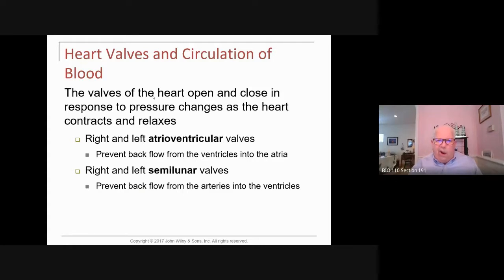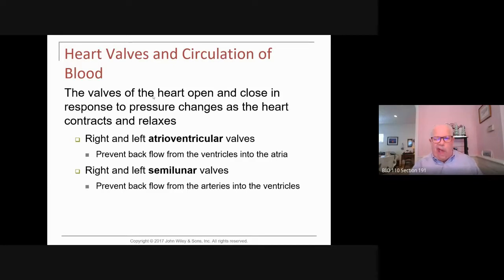The valves of the heart open and close in response to pressure changes as the heart contracts and relaxes. There are 4 heart valves. There are 2 atrioventricular valves. Those valves are between the right atrium and ventricle and the left atrium and ventricle.